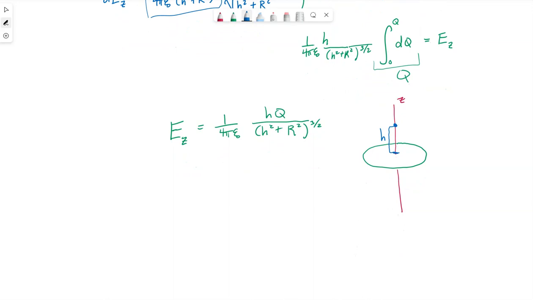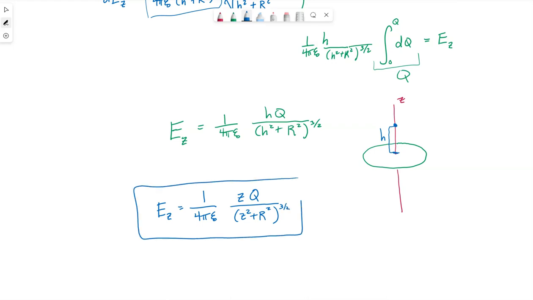In your test notes, they have this equation written this way. And hopefully it will make sense. So instead of h, they're using just the z.